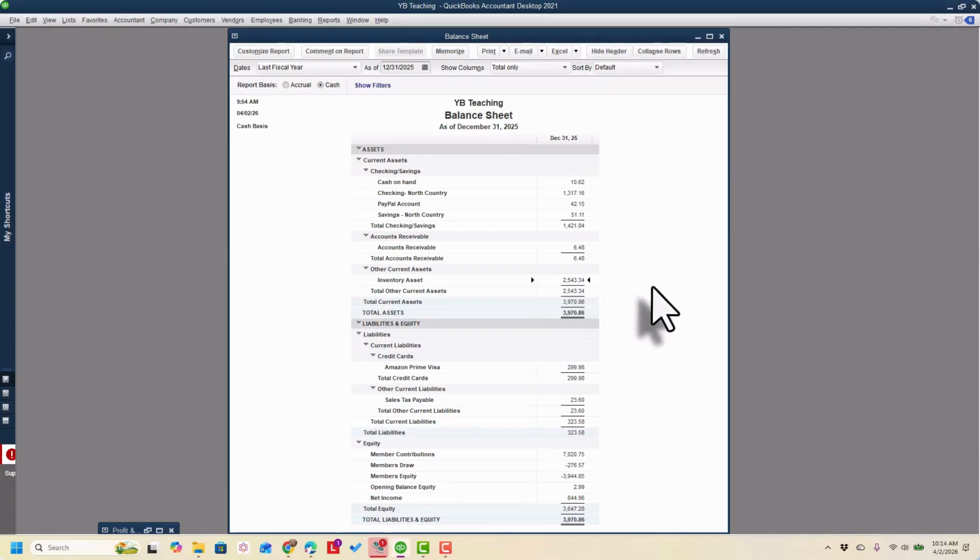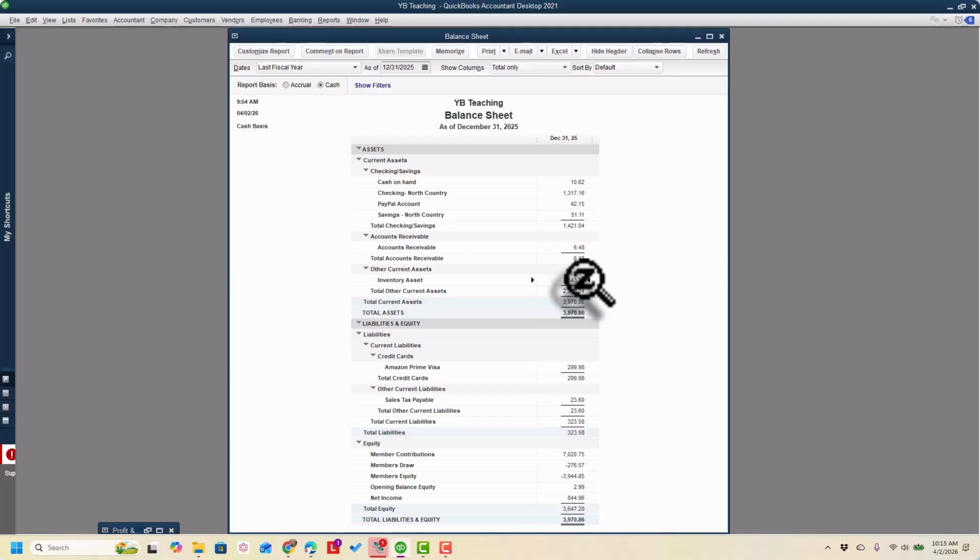Now, here's inventory. Okay. Now, that's inventory right up to the last day of 2025. So it's everything that you have bought in the last, I don't know, 2, 3, 4, 5 years, whatever, since you started your business, everything that you still have on hand. It doesn't show you how much you spent just this year.